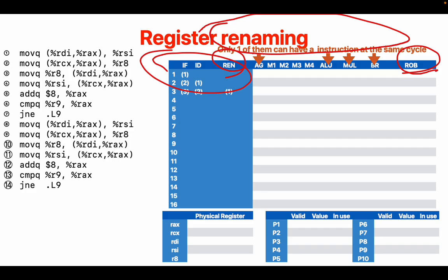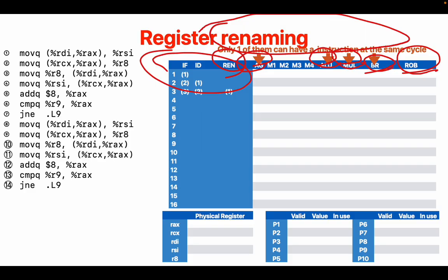For the processor we have, the execution units that we can put into are either address generation, the very first stage of the memory pipeline, the ALU, the very first stage of an ALU instruction, the MUL, and the branch. So only one instruction could be in any of the four stages at any cycle. That's the restriction. Other than that, we are free.